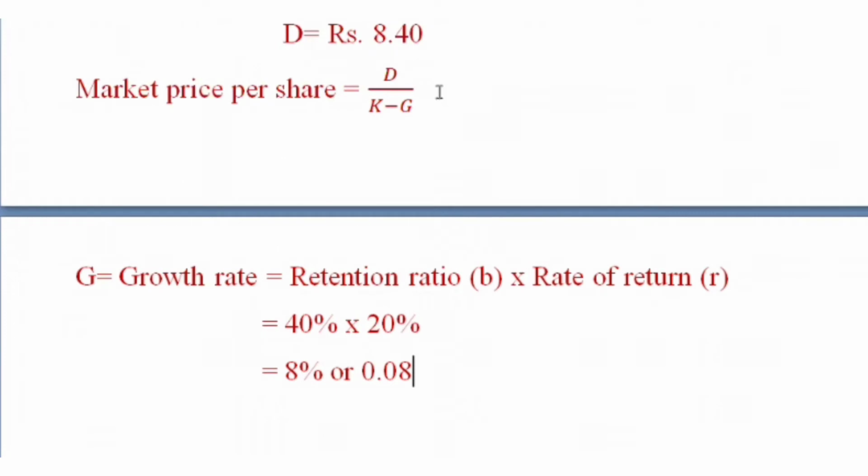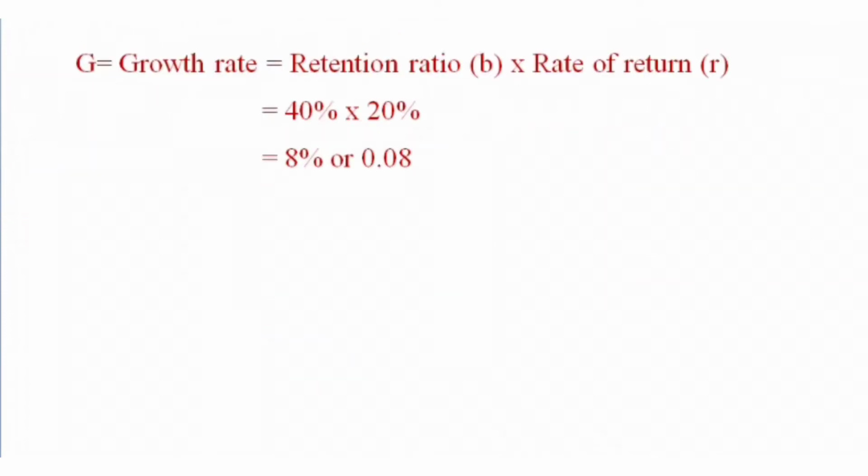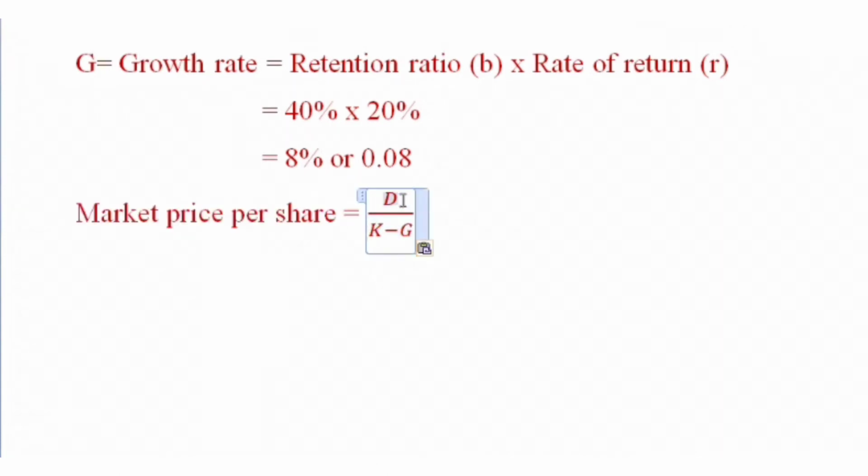So you can write it in a simple way, that is 0.08. Let me find out the market price for the retention ratio 40%. I am just copying the previous formula and pasting it here. Market price per share equals dividend, 8 rupees 40 paise, divided by the cost of capital 0.15 minus the growth rate 0.08.